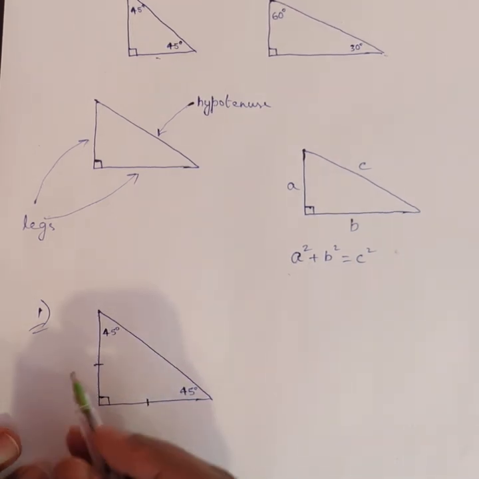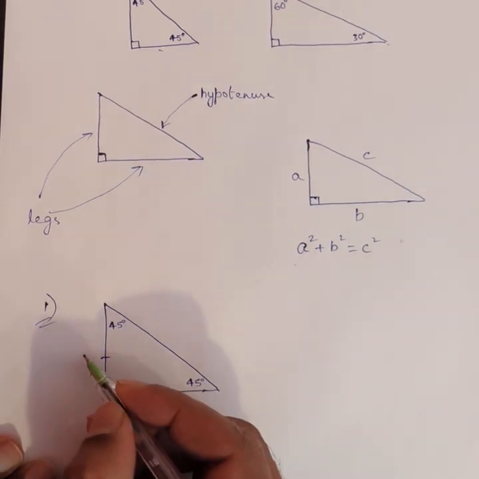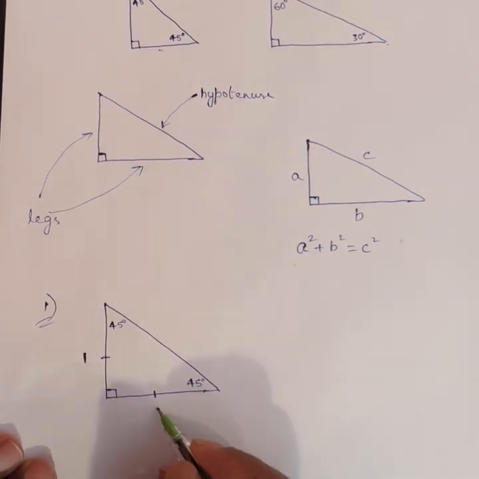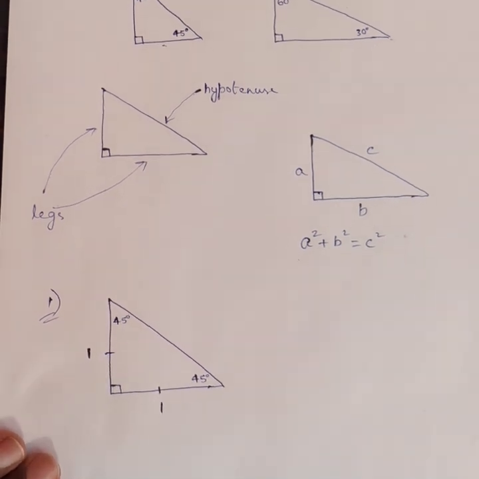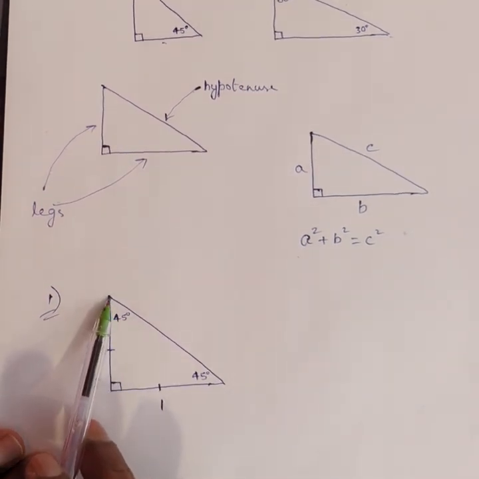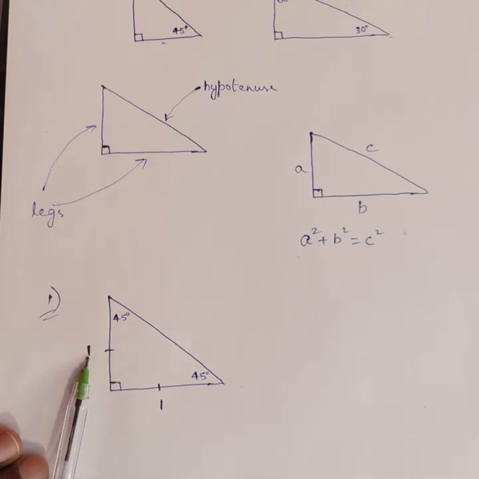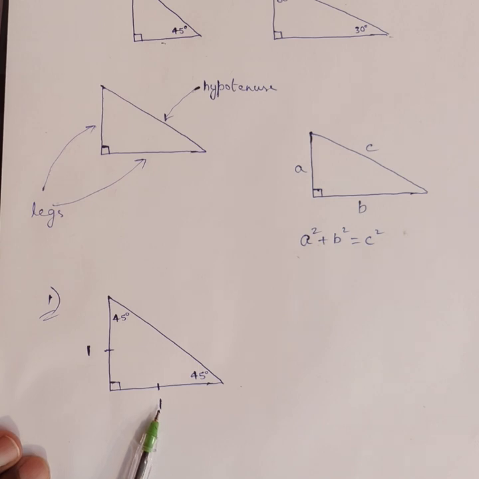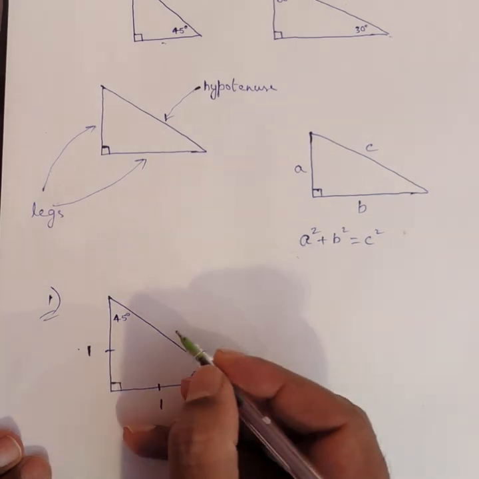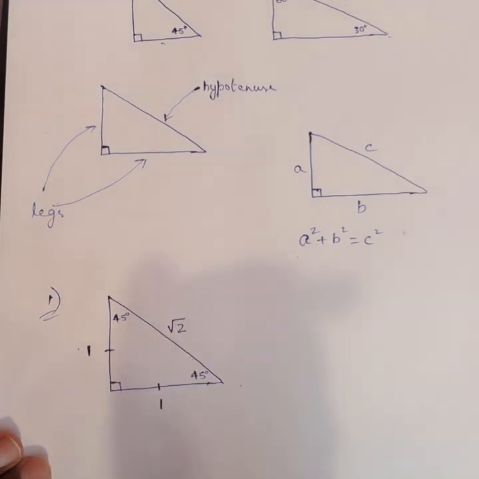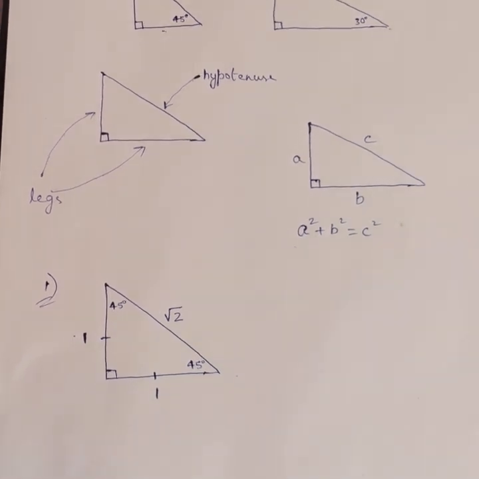If this is 1, then this will also be 1. And I can use the Pythagorean theorem to get the hypotenuse. 1 squared is 1, plus 1 squared, again 1, so 1 squared plus 1 squared is 2. So c squared is 2, which means c has to be square root 2. This is the proportions I have for the side lengths of the first special right triangle.